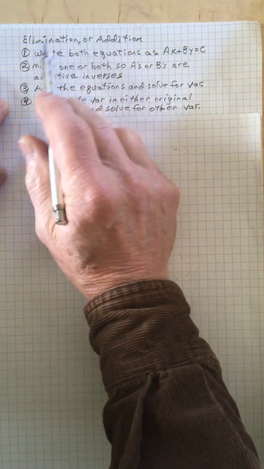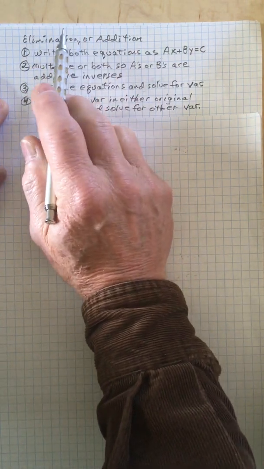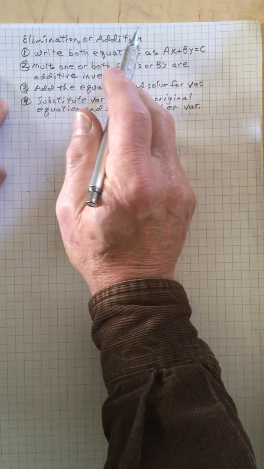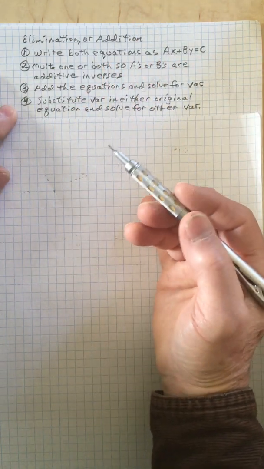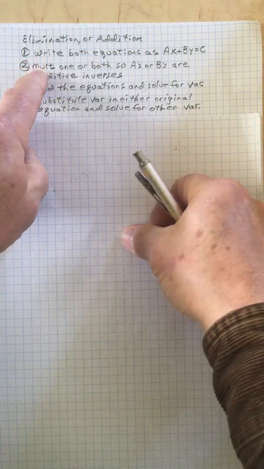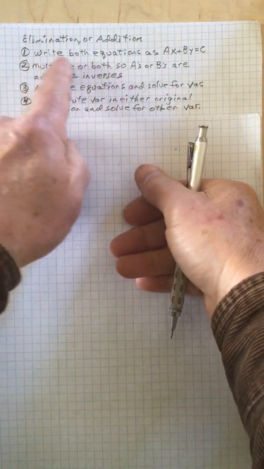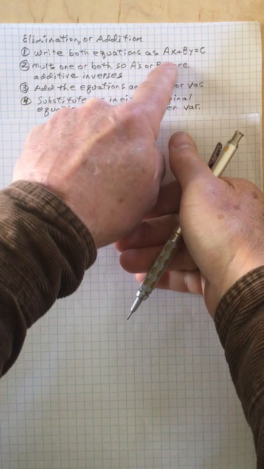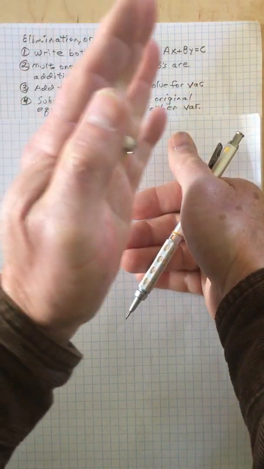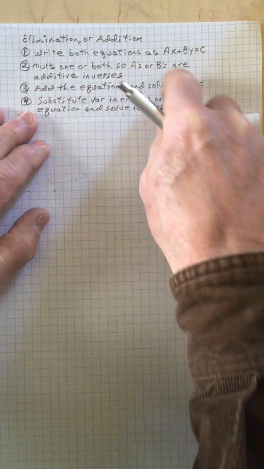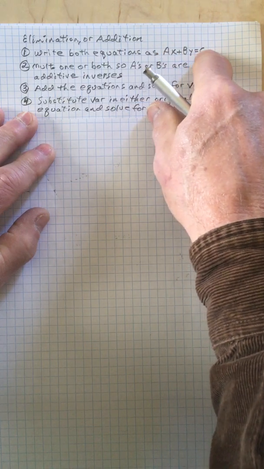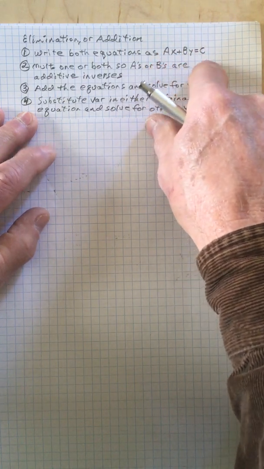Okay, this is called the elimination method in the book, but I've seen it referred to as the addition method, which makes more sense. Basically, what you want to do here, rewrite each equation in the standard form, ax plus by equals c. So you're going to have ax plus by equals c, then you're going to have another one right underneath it.